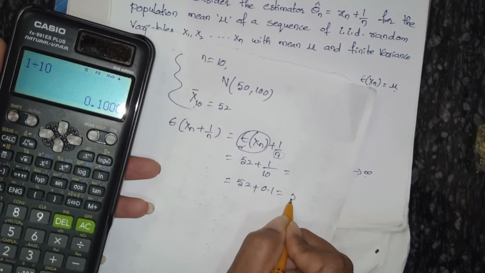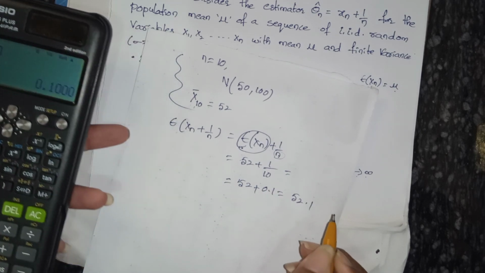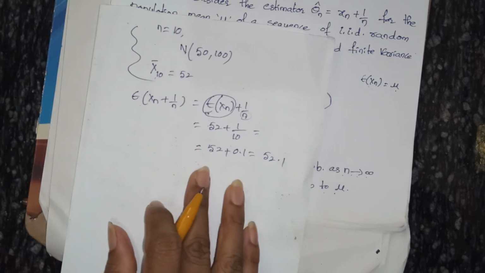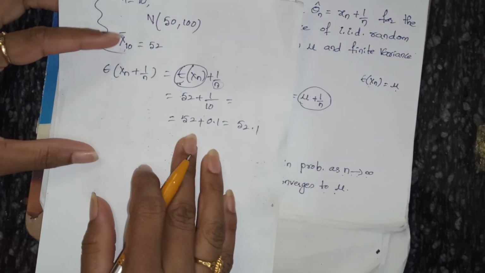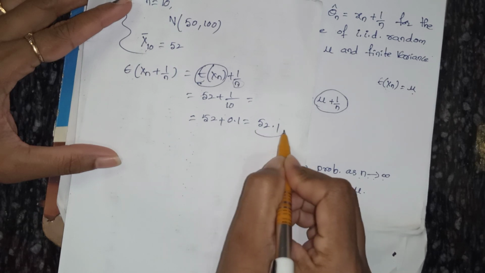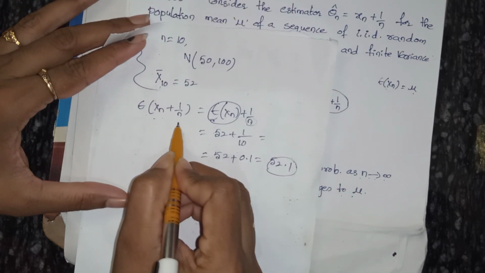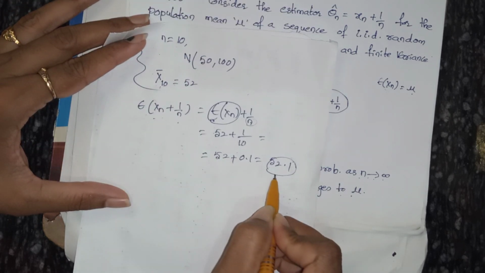So that means 52.1. This is the expectation of Xn plus 1 by n.